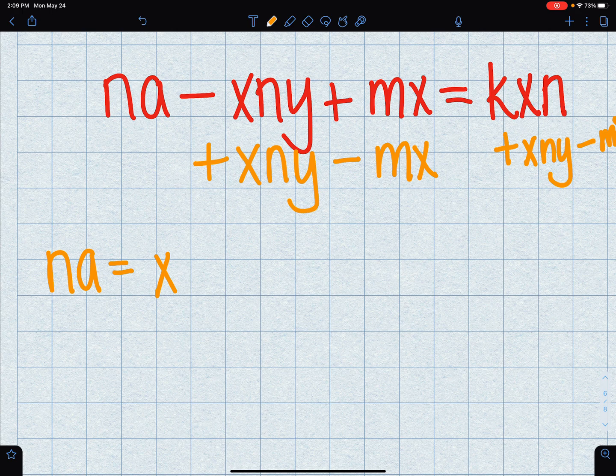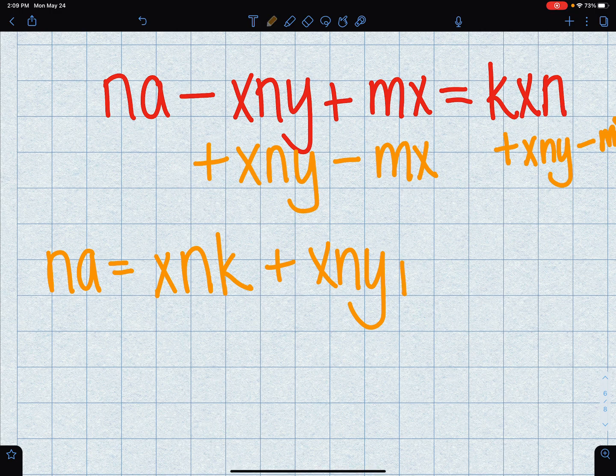Okay, let's start with this one because this is how they wrote it. X and k. Now that's the same as kxn, so it's okay that that is the same. And then they have plus, whoops, plus x and y.